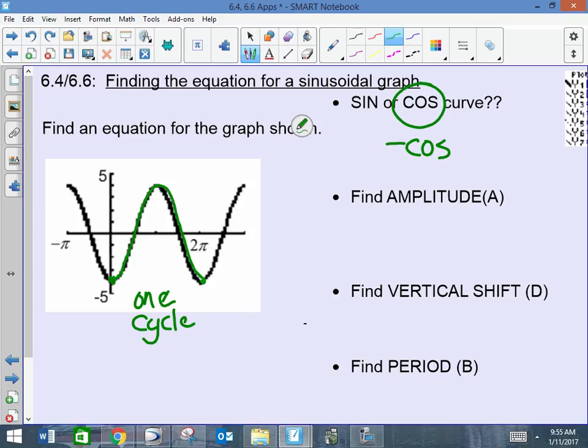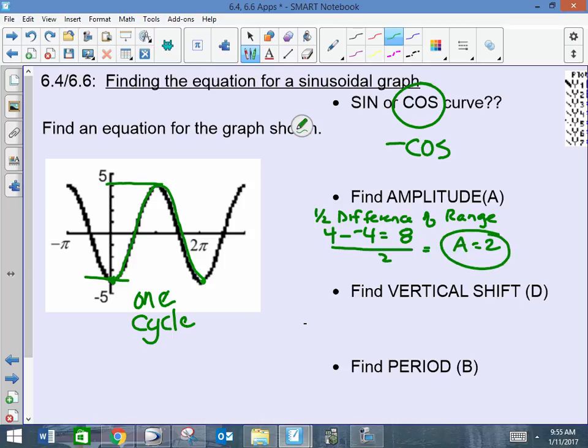It is half the difference of the range. Okay, so what's my range? It's not 5, it's 4. And it's not 5, it's -4. So yes, I heard somebody say it's 8 tall, so half of that would be 4. So my amplitude is 4.